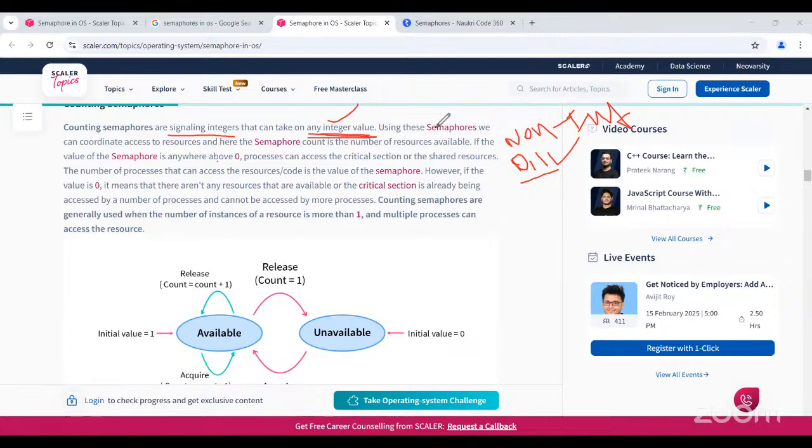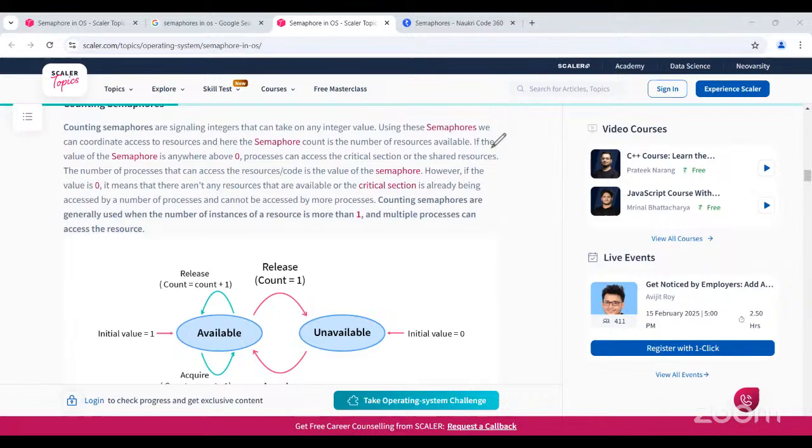Now using these semaphores, we can coordinate access to resources. Here the semaphore count is the number of resources available.